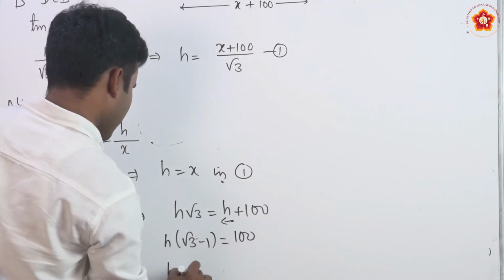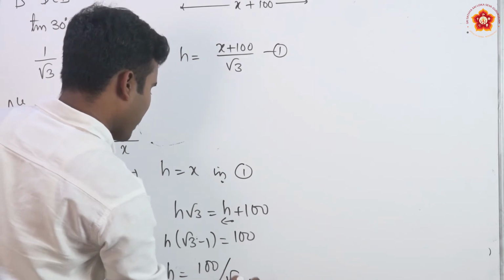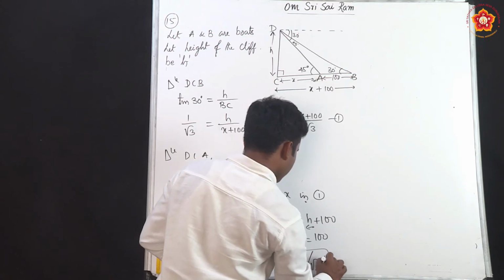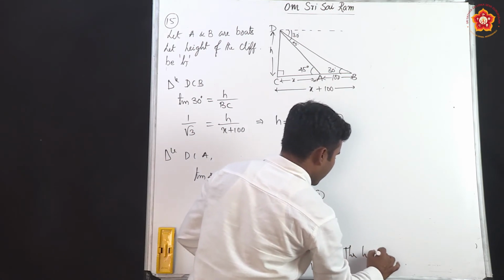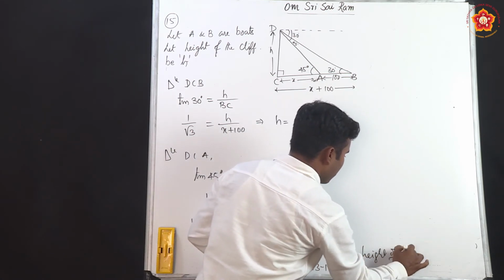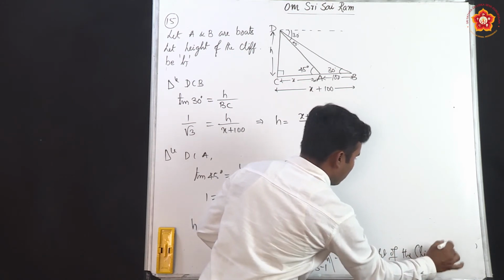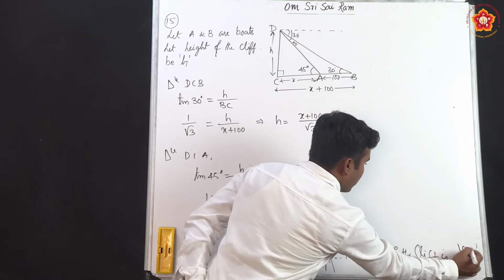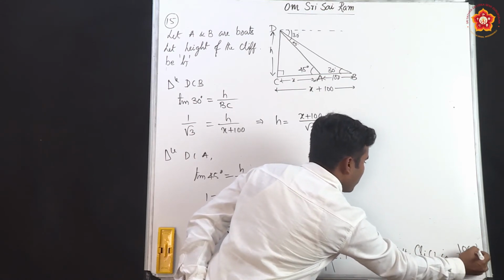Therefore, h is equal to 100 divided by root 3 minus 1 meters. Therefore, the height of the cliff is 100 divided by root 3 minus 1 meters.